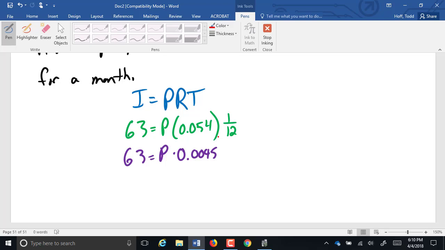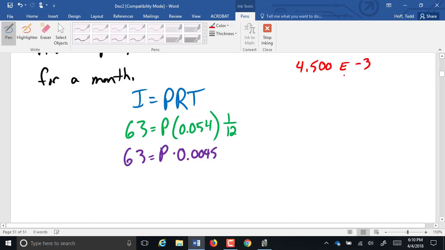Okay, so does it look like this? Something like that? With that little E and a -3 or something at the end, your calculator is stuck in scientific mode. On break, I'll show you how to change it.